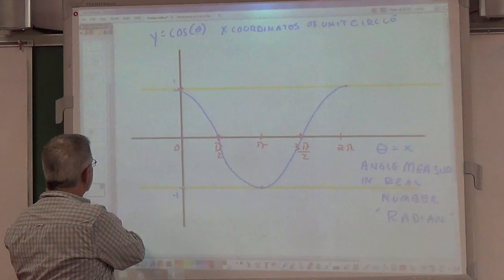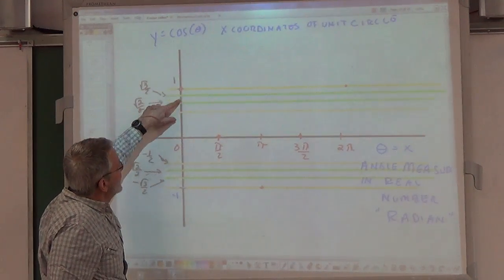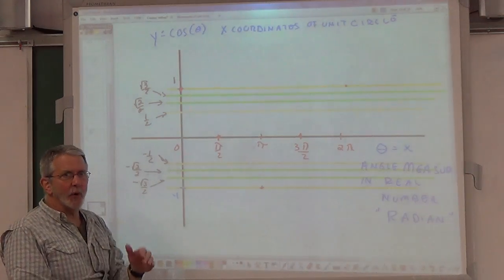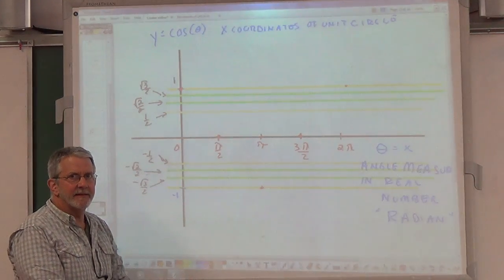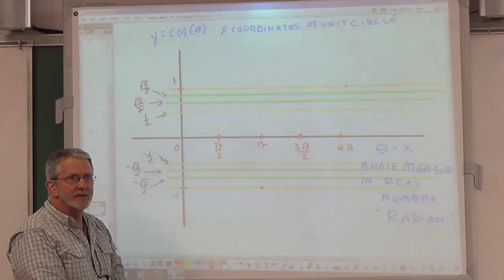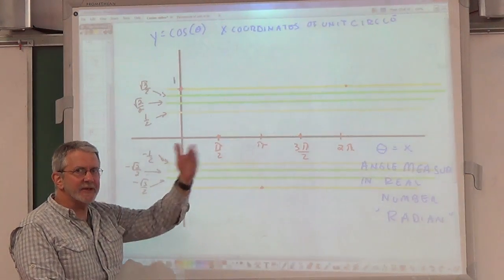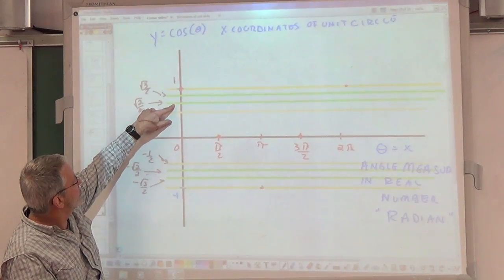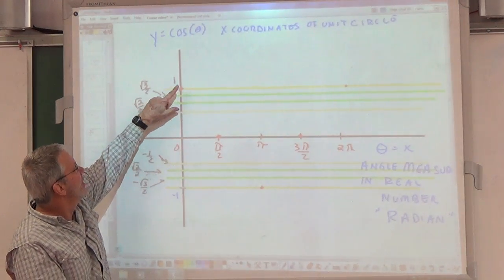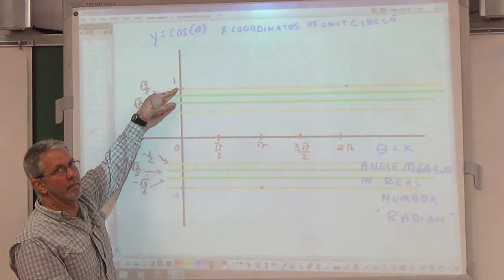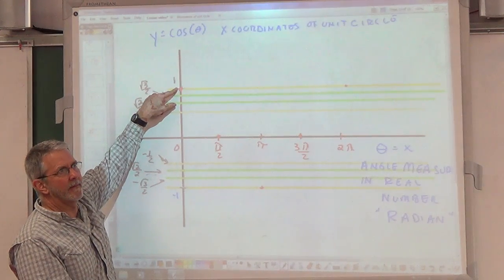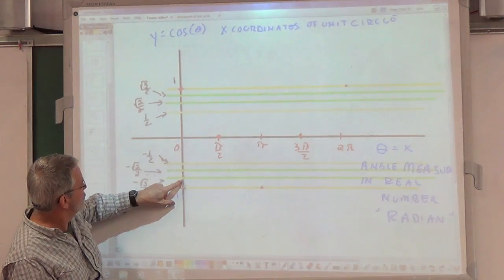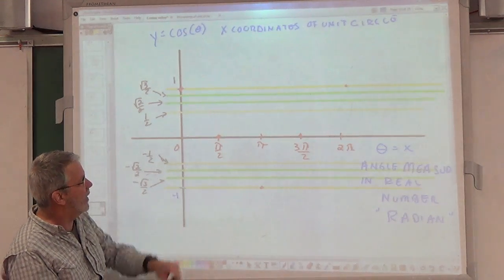Well, what happens between these values? Hey, what are these lines? These are those other important outputs, those other important x-coordinates on the unit circle: 1/2, square root of 2 over 2, square root of 3 over 2, square root of 4 over 2, i.e. 1, -1/2, negative square root of 2 over 2, negative square root of 3 over 2, -1.